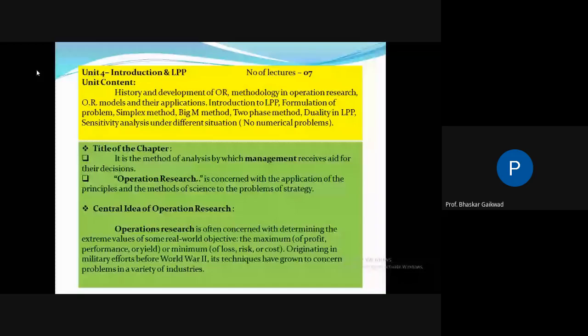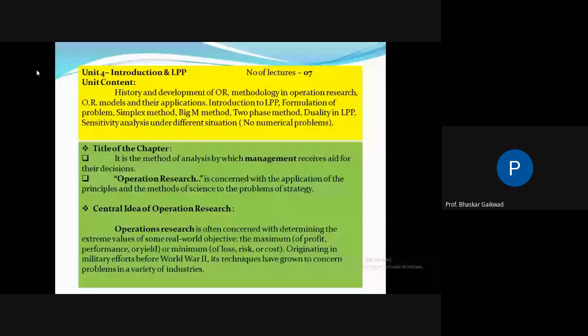So once again I will repeat: define OR, and explain in brief the history and development of OR. If such a question is there, then the answer will be simple. Operation research is an analytical method of problem solving. Analytical means mathematics.